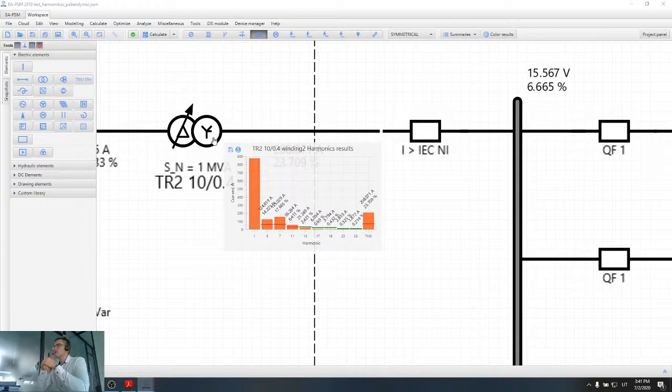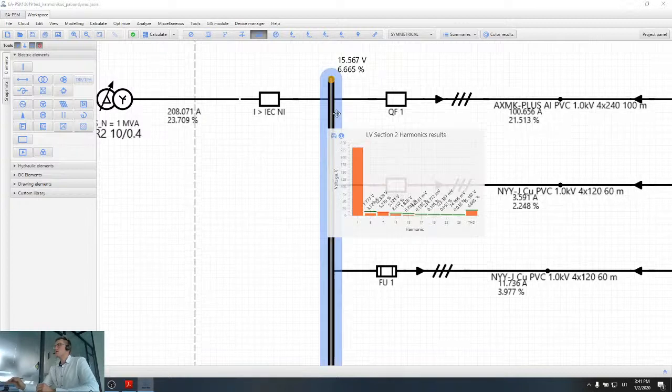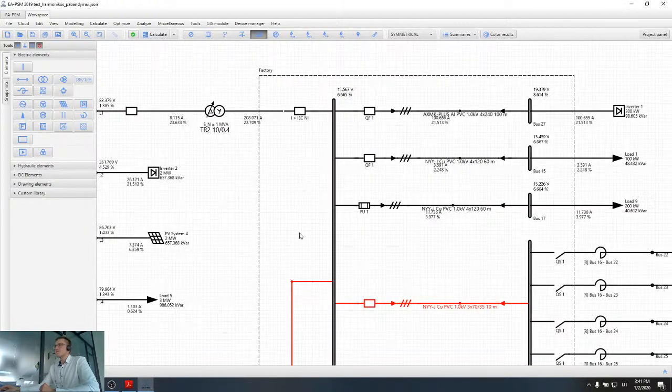As well as that, the THD, the total harmonic distortion value, is also exceeded. When I move my mouse cursor on the bus bar, I can see that one of the harmonics is also exceeding the permissible limit, and this is the 7th harmonic. Of course, this is not good. This is causing problems to the electrical network equipment.